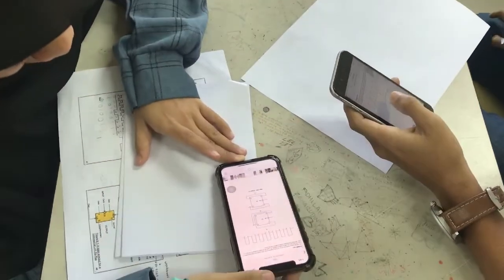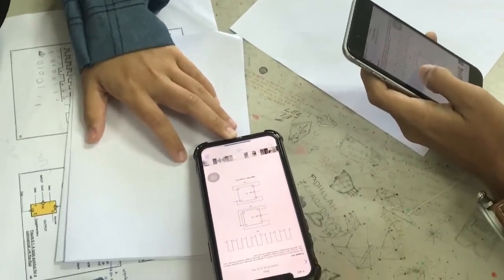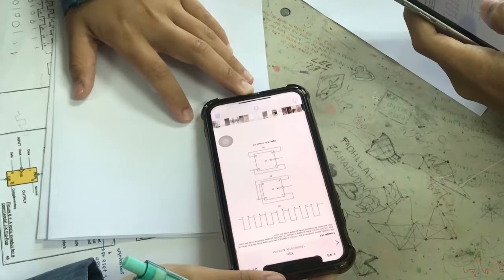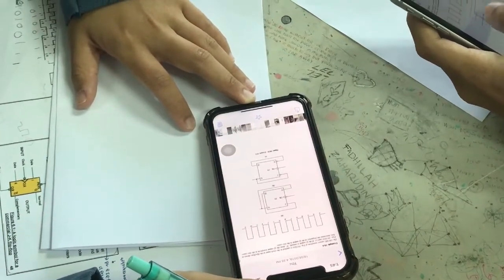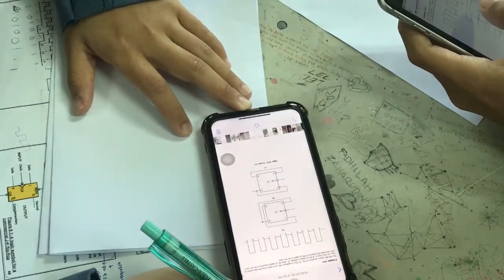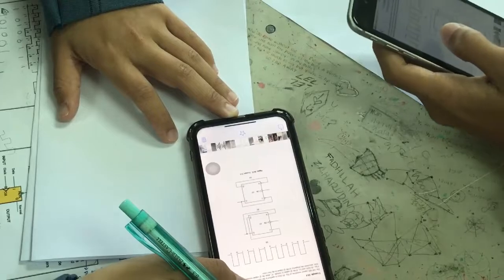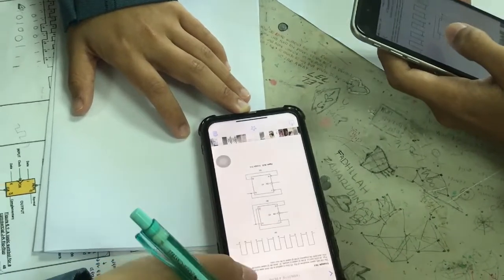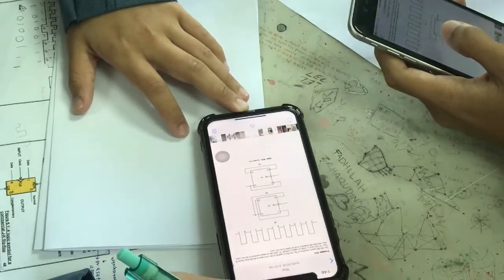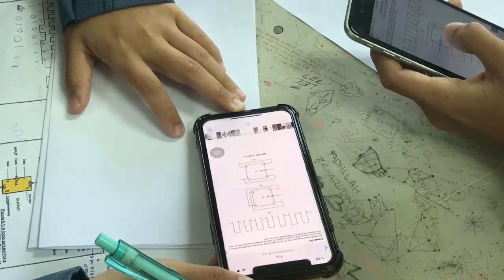The question said that a 100 kilohertz square waveform in figure 10.32a is applied to the clock input of the flip-flops shown in figures B and C. Initially the Q output is 0.